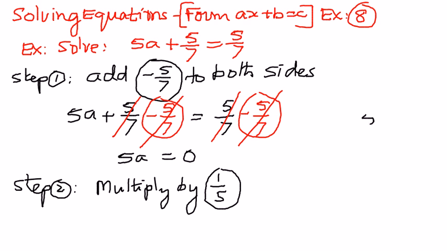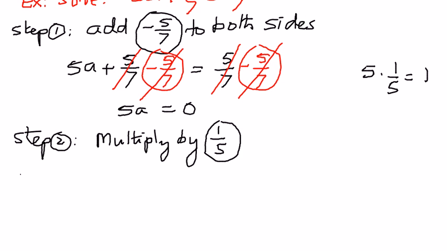If we take a number 5 and multiply by its reciprocal value, the product is always going to be equal to 1. 5 times 1 over 5 is equal to 1. So therefore, in here, as you can see, 5 times 1 over 5, that is what we're multiplying by, is equal to 0 times 1 over 5.